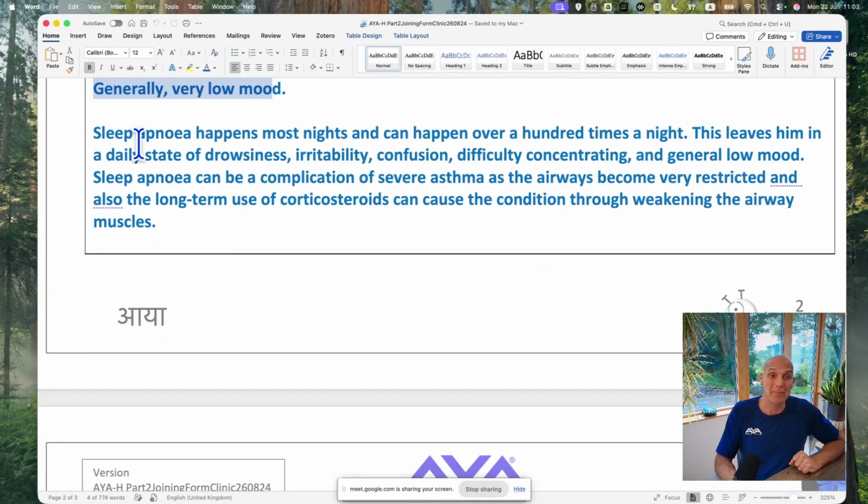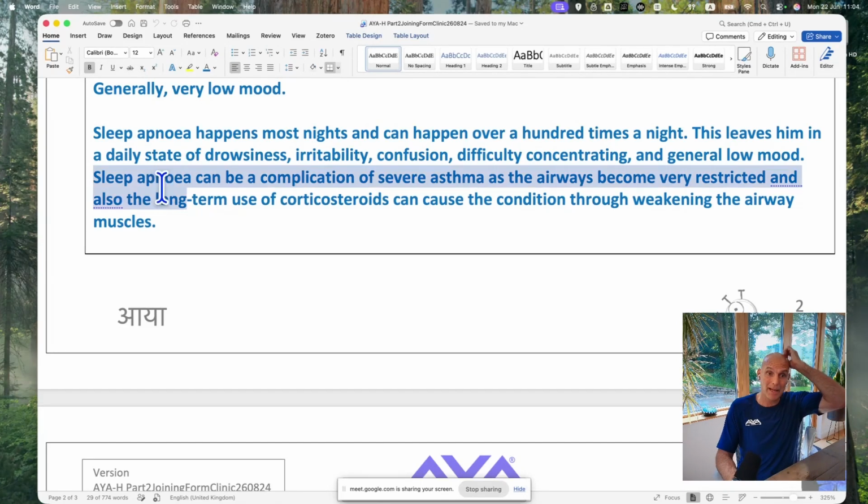Okay, so sleep apnea. That happens most nights and can happen over 100 times during a night. Now, this leaves him in a daily state of drowsiness, irritability, confusion, difficulty concentrating, and generally low mood. He said sleep apnea can be a complication of severe asthma as the airways become restricted.